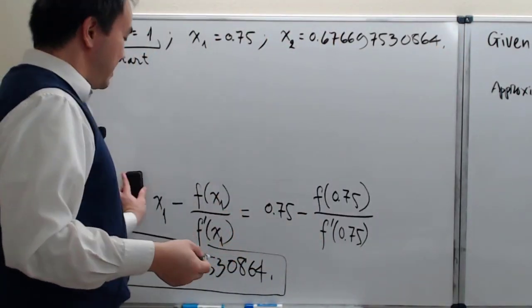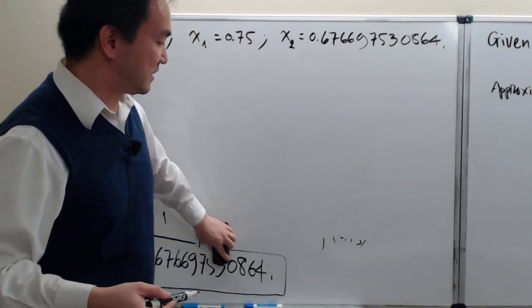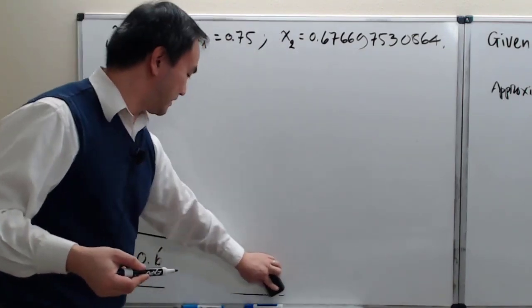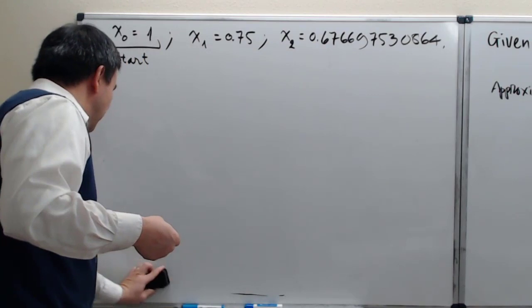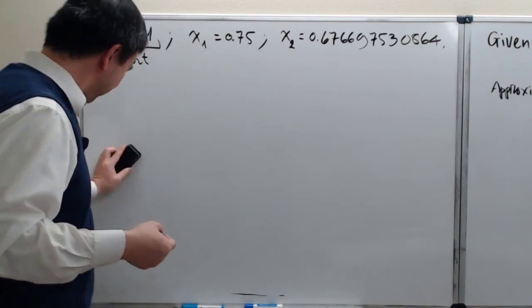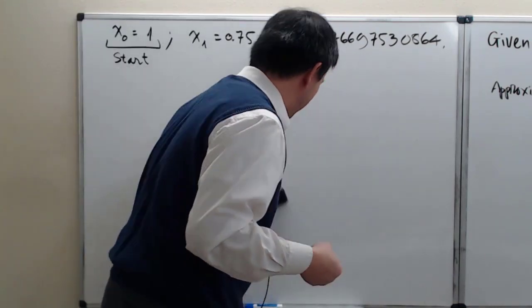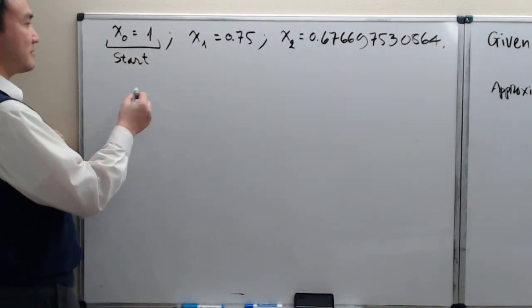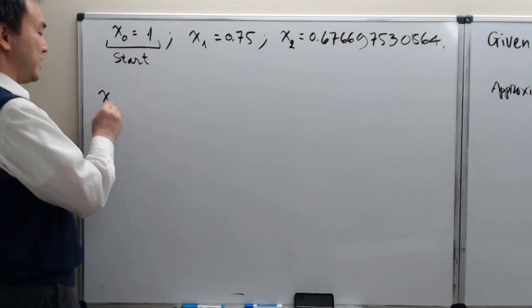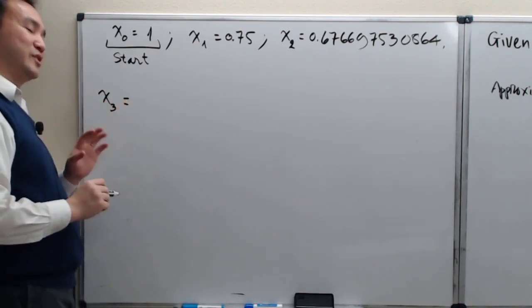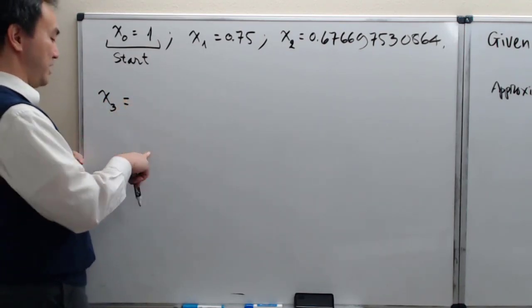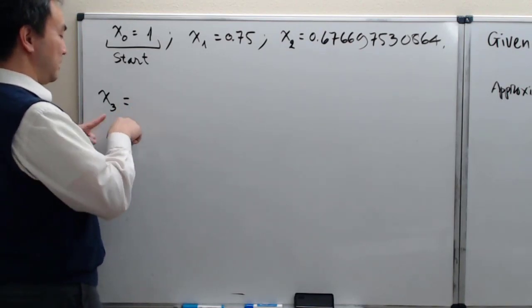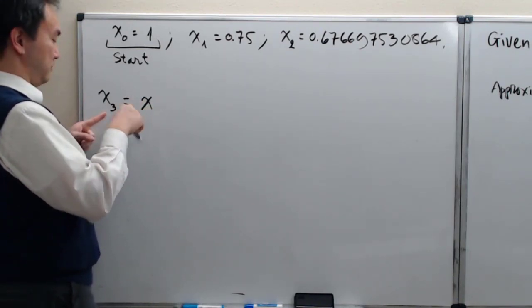And so if anyone is not satisfied with x2 right here, then we can go even further. So x3, you have seen this formula twice. I'm going to look back at the most recent one, x2.